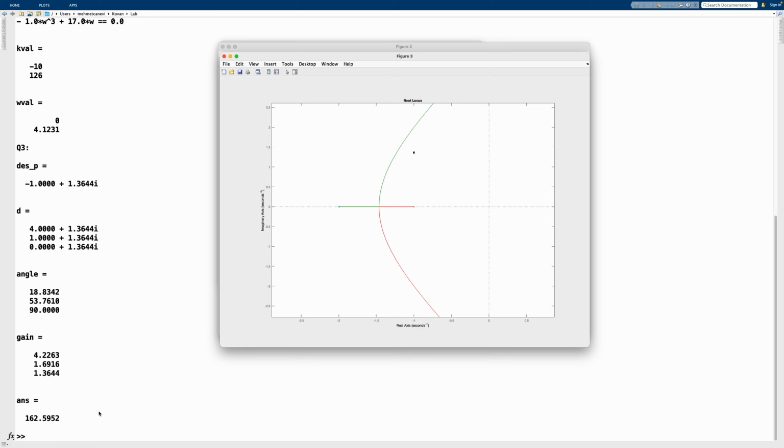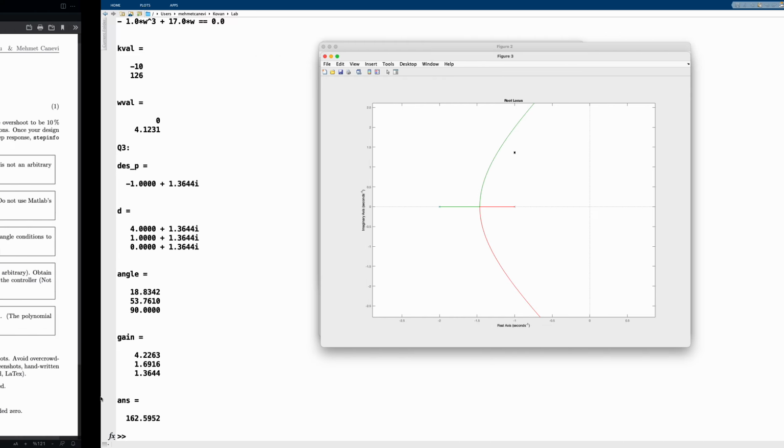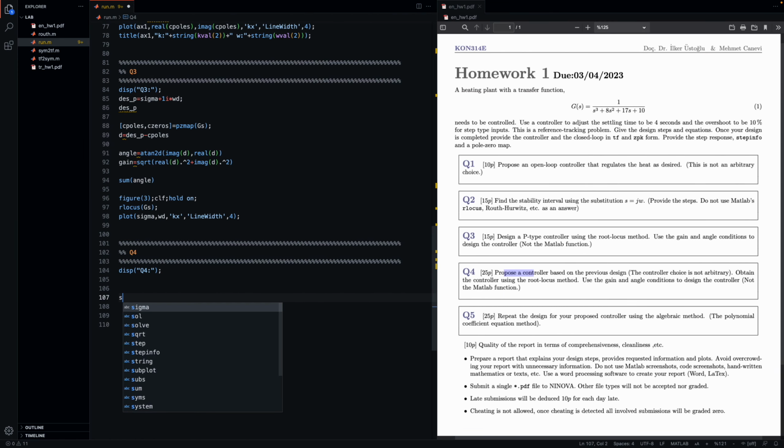So this would mean that we are not going to add a 0, because if we add a 0, this angle will decrease due to the fact that we take the sum of angles of finite poles, or poles for short, minus the sum of angles of zeros. So if I add a 0, it will immediately subtract from the angle, which I don't really want.